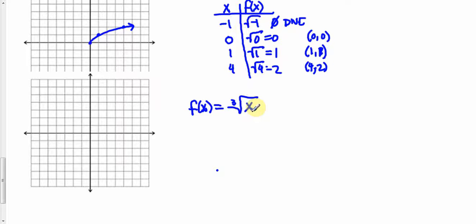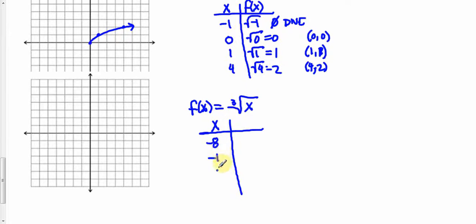Yes. So with this, my x values are not restricted, and I can pick any numbers to go in for x. Let's choose ones that we know we can take the cubed root of. I'm going to choose an array of negatives and positives. I'm going to go with negative 8, because I know the cubed root of 8 is 2, so the cubed root of negative 8 is negative 2.